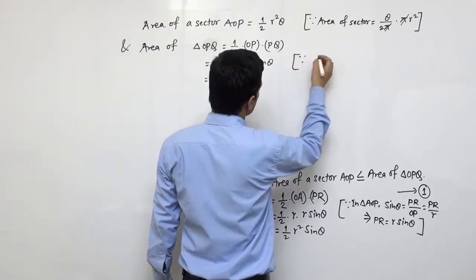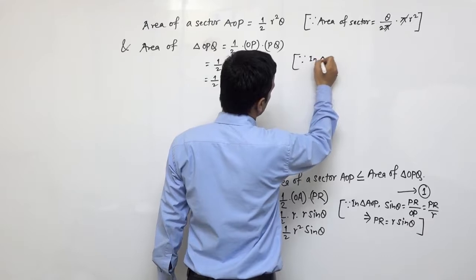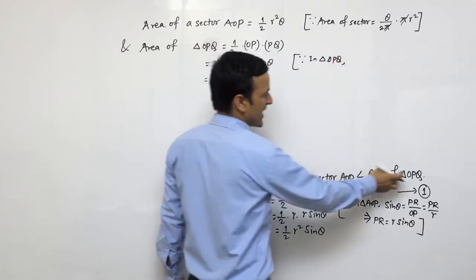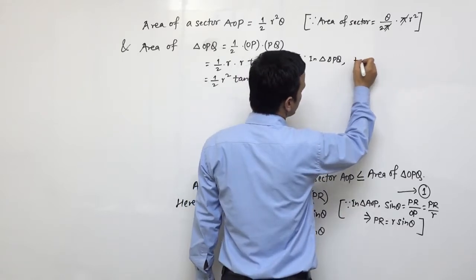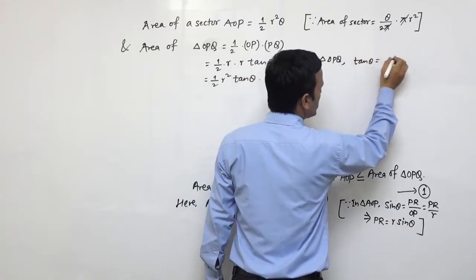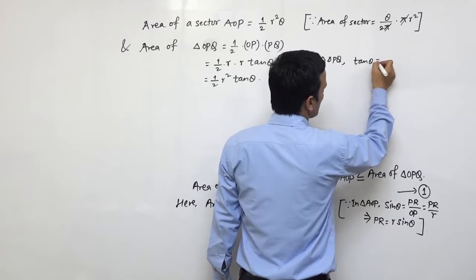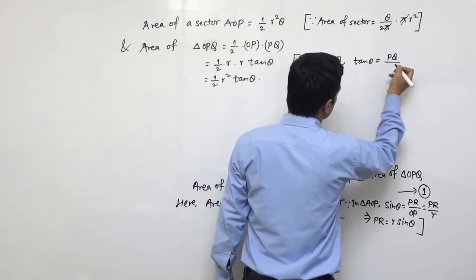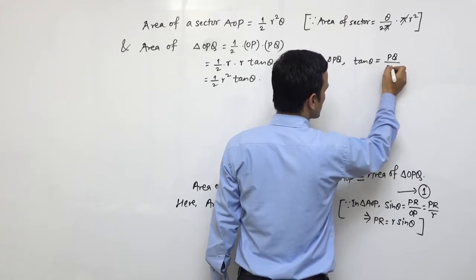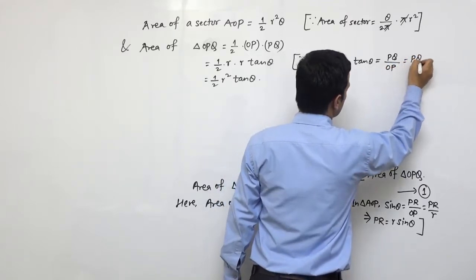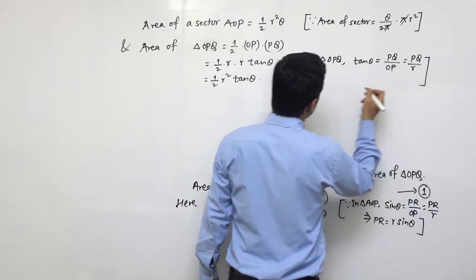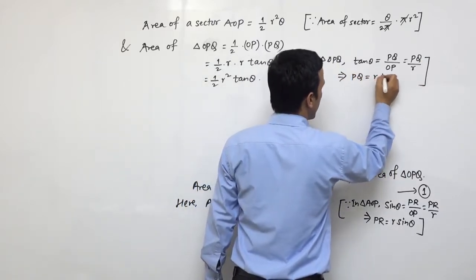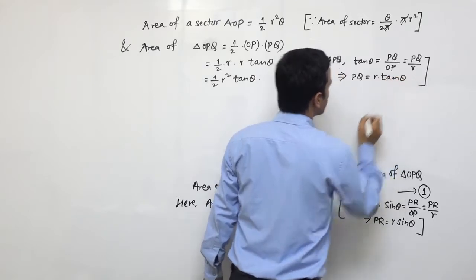So this is the reason. In triangle OPQ, tan theta is equal to P upon B. P means PQ, divided by B, which is OP, so PQ divided by r. Finding the value of PQ, it will be r tan theta.